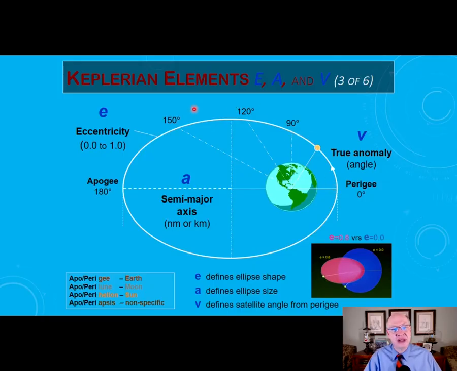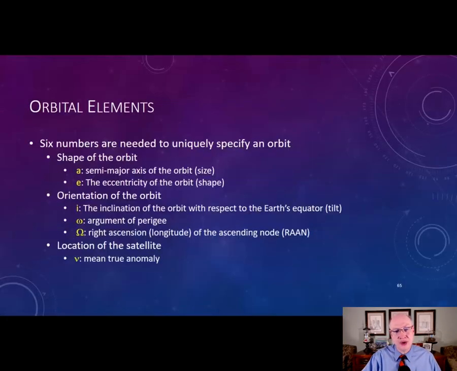And a true anomaly of 180 degrees tells us that it's at apogee. An angle of 270 degrees tells us that it's once again at a right angle to the line of periapsis, and then an angle of 360 degrees brings us right back to periapsis or perigee again. So that's the true anomaly, and the true anomaly down here tells us the location of the satellite.